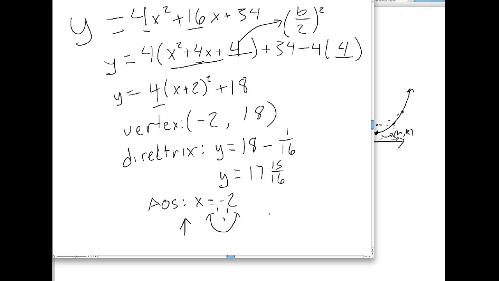If a is negative, negative people are frowners. If a is negative, the parabola opens down. So, since our a is positive 4, we know that our parabola opens up. And that is finding standard form of a parabola.